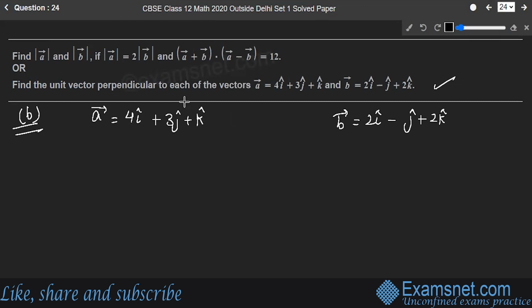You have to find out the unit vector perpendicular to these vectors. For that, let's find out the cross product of these two vectors first. This is equal to the determinant of i, j, and k, 4, 3, 1, 2, minus 1, and 2.